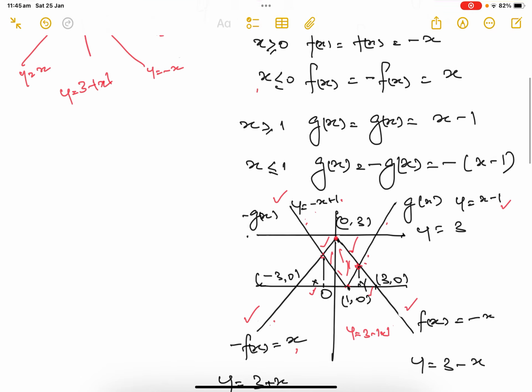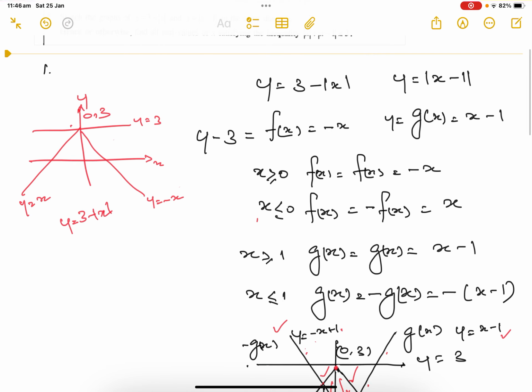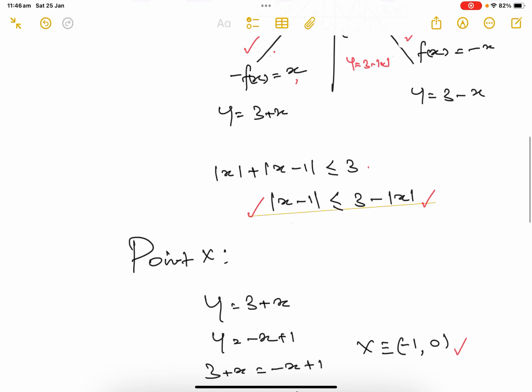That is exactly the set. When they say hence, the students should understand that they have to use the first part to help. The only little thing you have to do here is modulus x plus modulus x minus 1 less than 3.